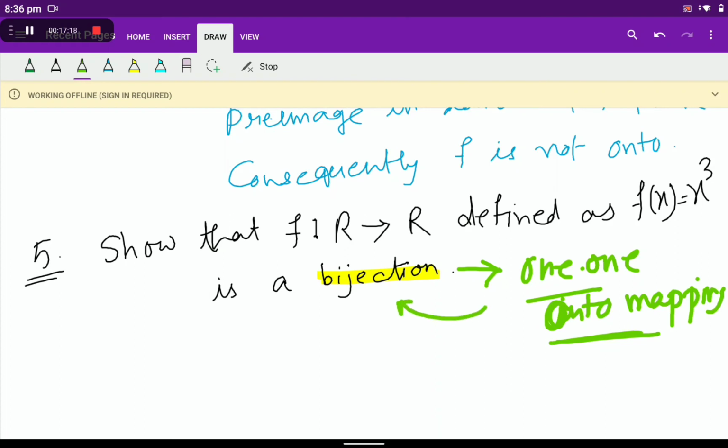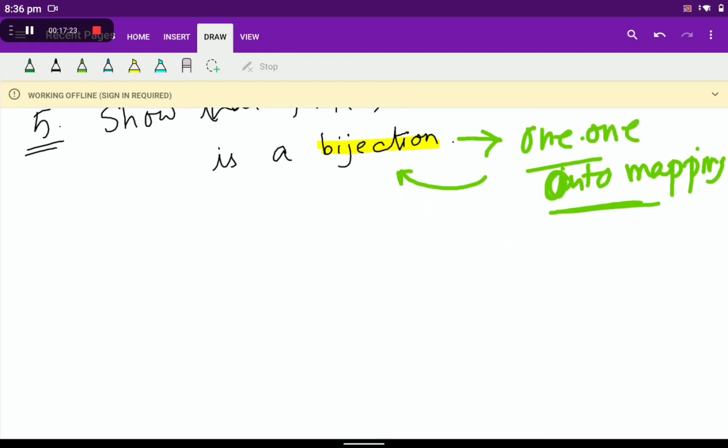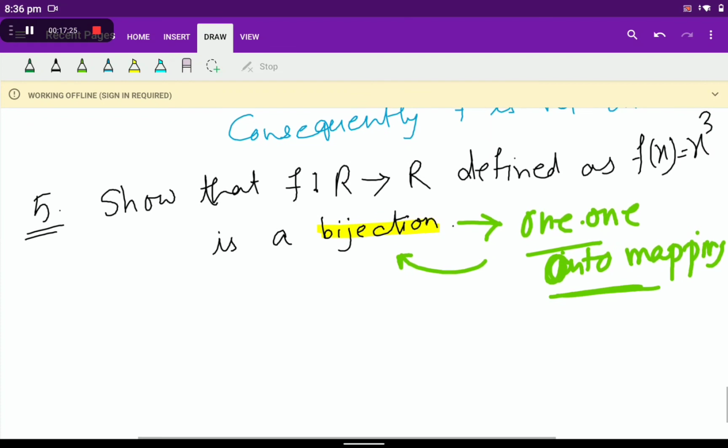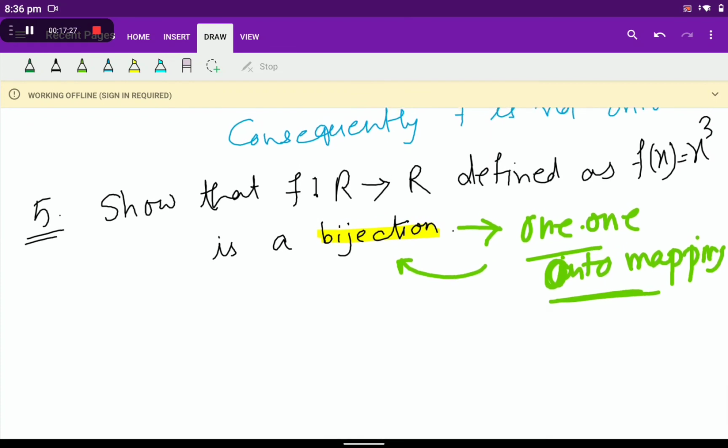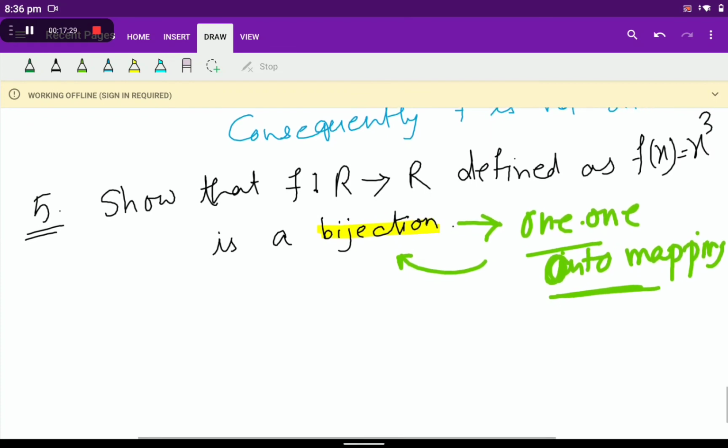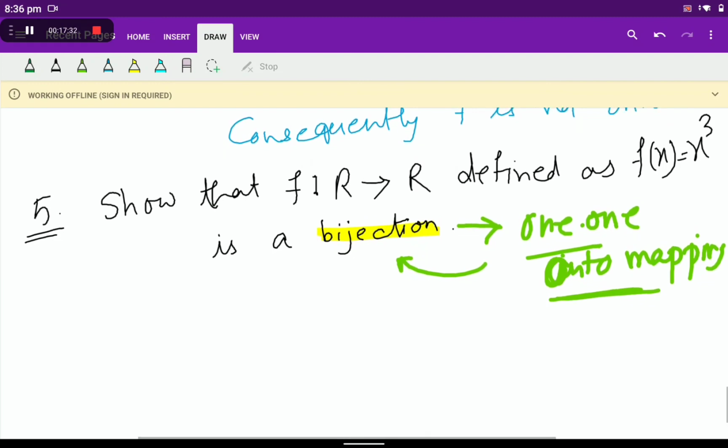Okay, so how can we prove it? First, you have to prove that f is a 1-1 function, then you have to prove that f is an onto mapping, then we write that f of x is a bijection.